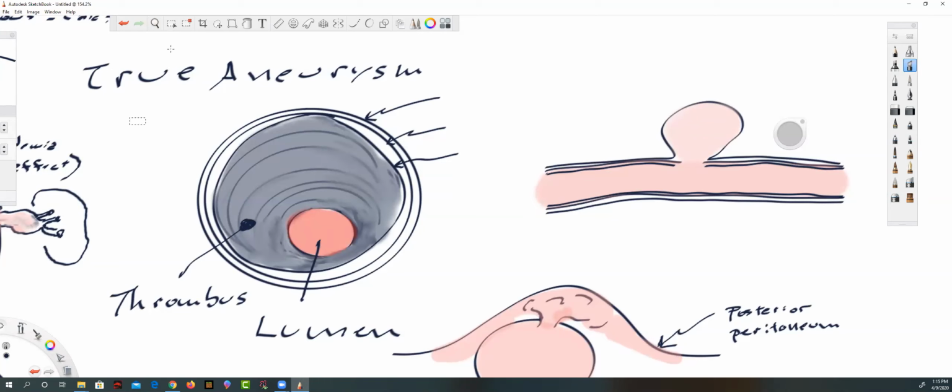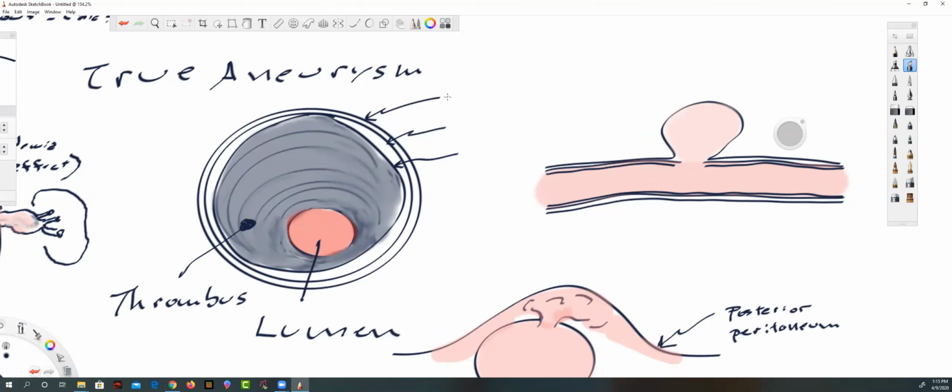a true aneurysm has all three layers involved. The tunica intima, media, externa, although we don't call it externa, we call it adventitia.